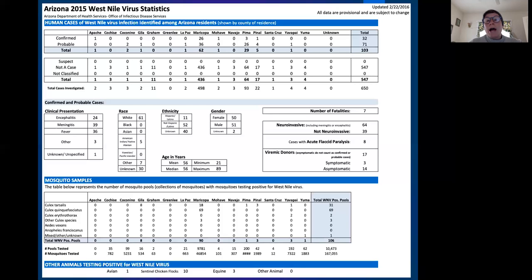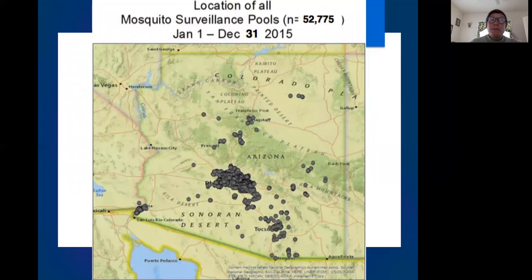So after I was reported, the Department of Health Services came to my house and put a mosquito surveillance pool in my yard. And what this is, it's just a little cardboard box with dry ice in it, right? Dry ice is just frozen carbon dioxide.